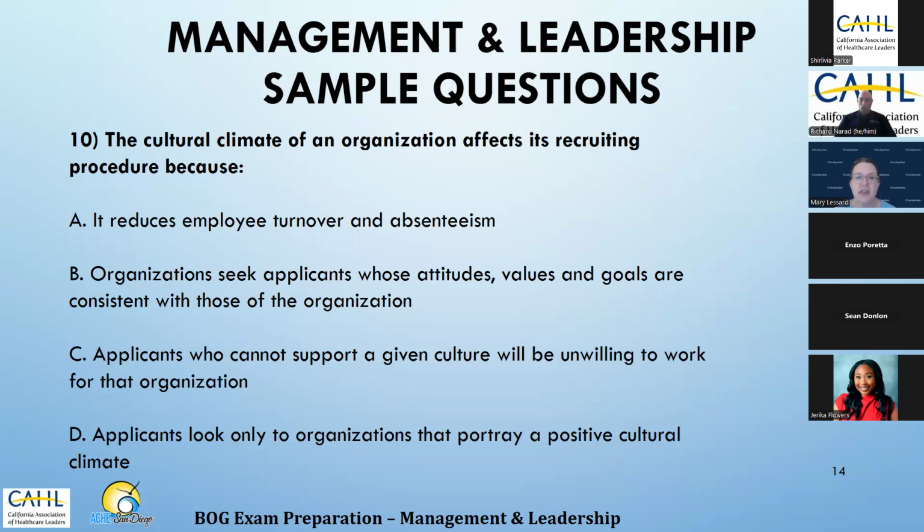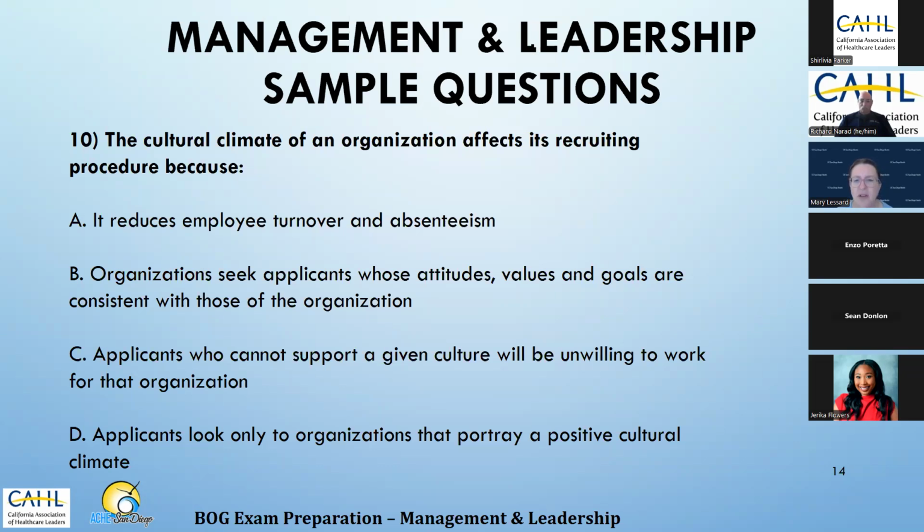B, organizations seek applicants whose attitudes, values, and goals are consistent, is looking like a very good answer because it's matching the applicants with the culture of the organization, and the culture is made up of the attitudes, values, and goals of the organization. So I think B is looking very good, but let's eliminate C and D before we pick B.